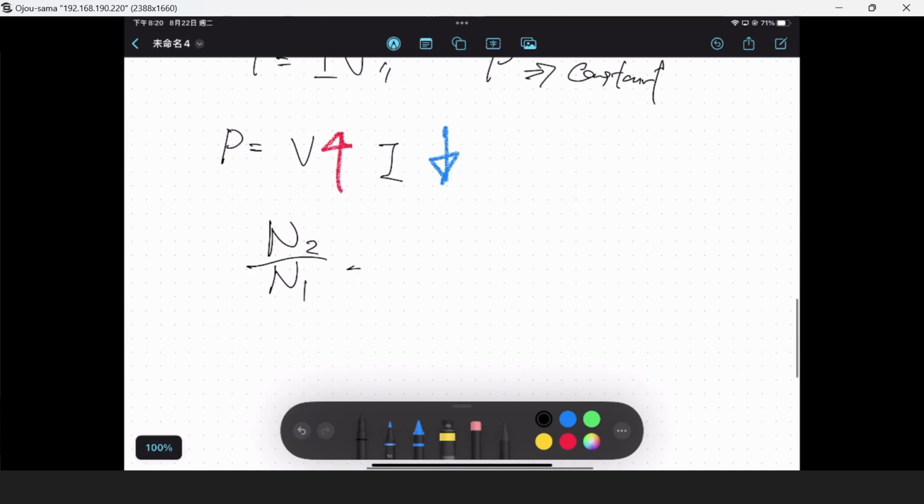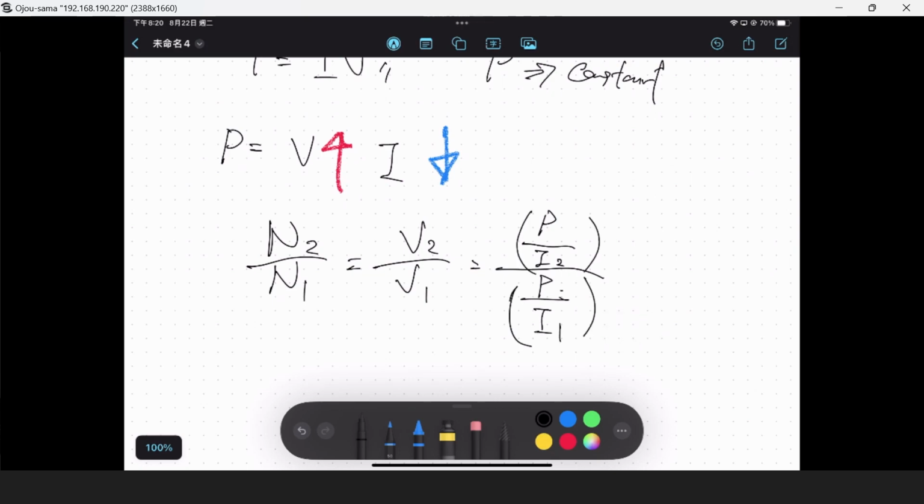So P equals to IV, so it becomes P over V2 and P over V1.